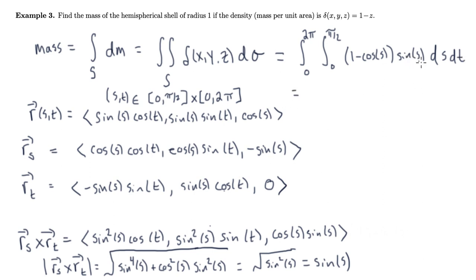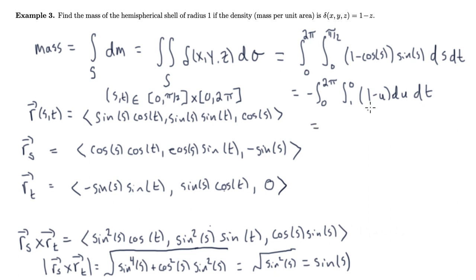Okay, well this is just a nice substitution problem. I can just let u be cosine s, and then I just get minus sine ds, so I'm going to get a negative sign, 0 to 2 pi. I'm letting u be cosine s, so that's going to be 1 to 0, and then this is just going to be 1 minus u du, doing the u substitution, dt, okay.